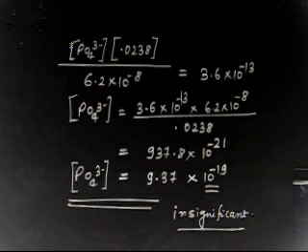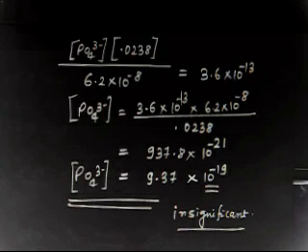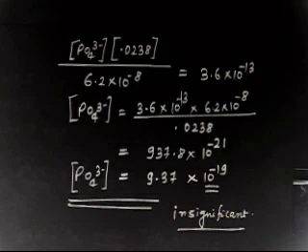Another assumption is that 0.1 minus x can be written as 0.1, and you have to verify this assumption also. In this case, that assumption was not right, so I have solved the quadratic equation. Sometimes you have to solve the quadratic equation if the assumption is not valid. Otherwise, if your assumption is valid, then you don't have to solve the quadratic equation. Let us go for the next problem.